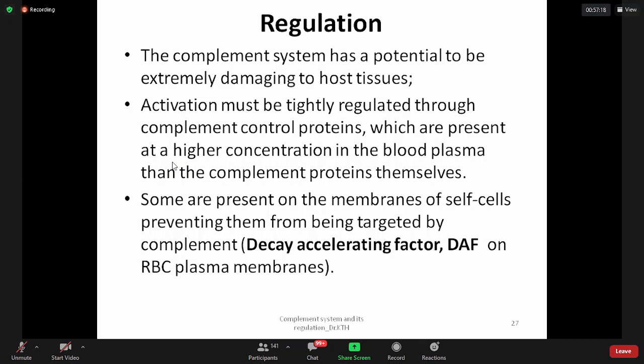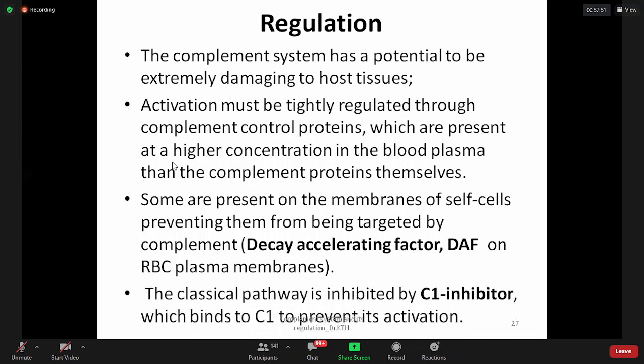Now, deficiency of this decay accelerating factor means that an individual who lacks this DAF will likely get hemolysis. And usually this occurs at night. And because of this, the condition is called paroxysmal nocturnal hemoglobinuria. Someone wakes up and they are passing urine in the morning which is bloody. Okay, that tells you that they lack the decay accelerating factor.